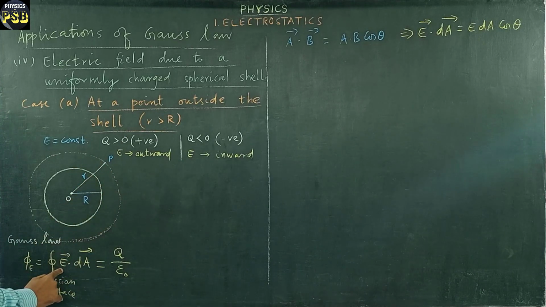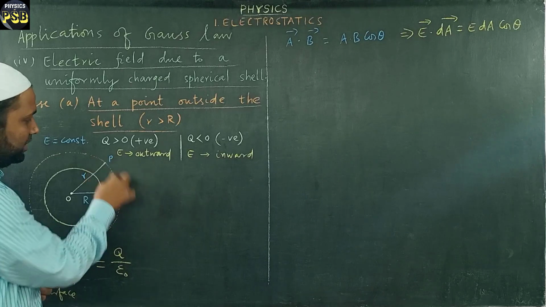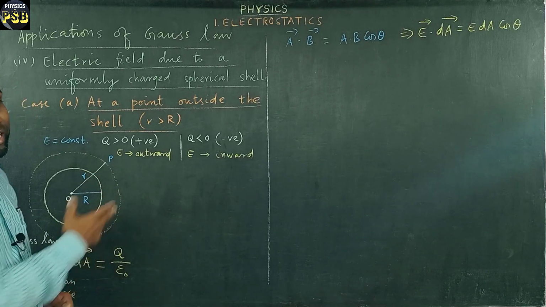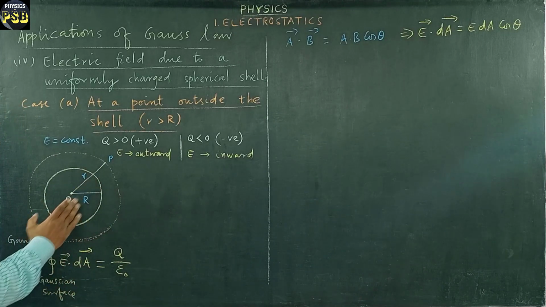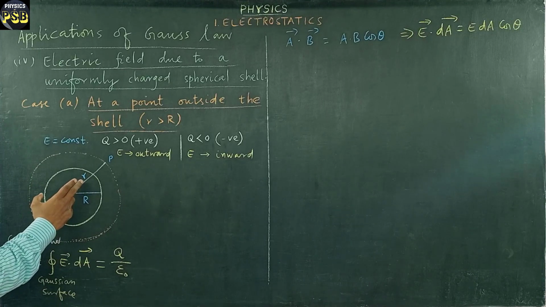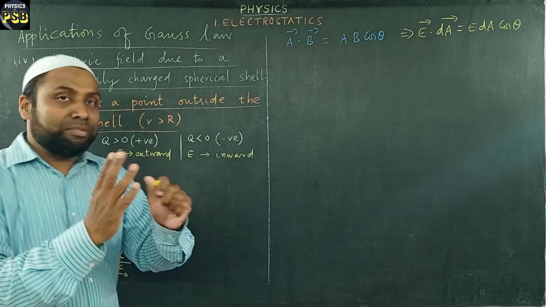So, the direction of electric field is given by E vector and dA is the area element taken on this Gaussian surface. Here, dA vector is the direction of that area element. Now, in this case, when the charge present on this spherical shell is positive, then E vector and dA vector both will act in the same direction.